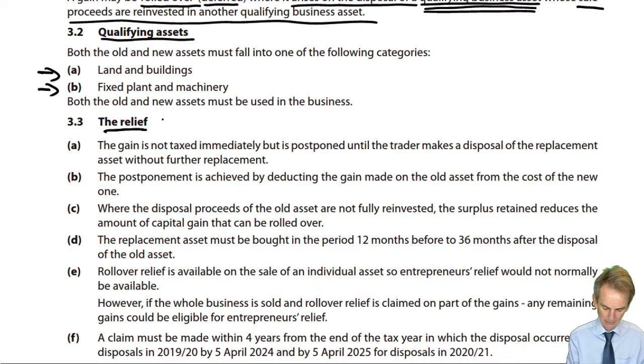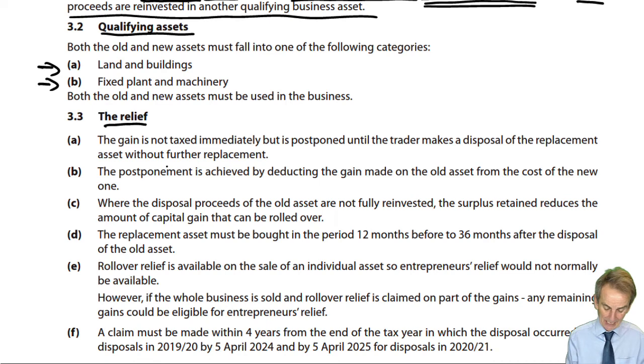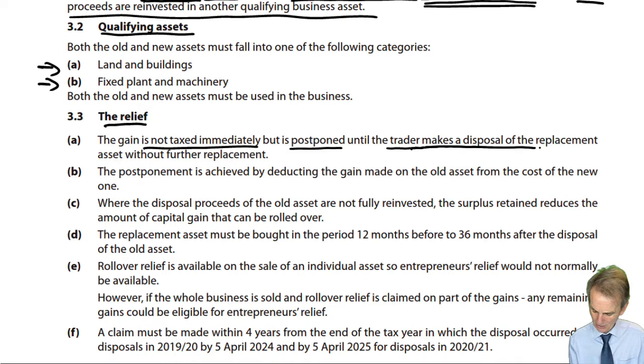The relief itself. The gain, as we've said, is deferred. So the gain is not taxed immediately, but is postponed, it's deferred until the trader, remember, this is a business asset relief that we're talking about, makes a disposal of the replacement asset without any further replacement.